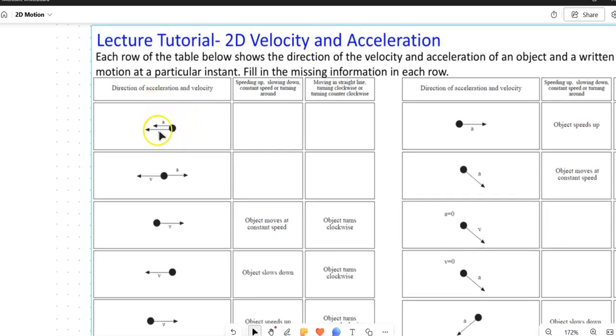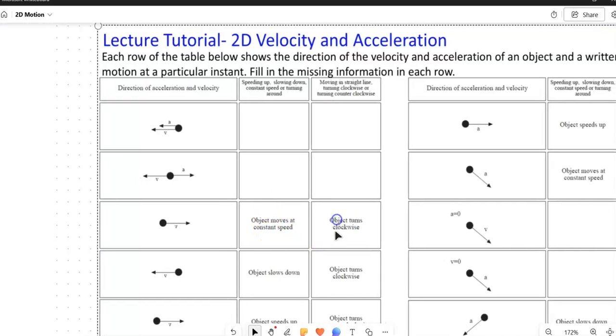So here we go. In these problems, you're either going to be given something, like the object is moving at constant speed, and it's turning right or turning left. Then you're supposed to draw the velocity vectors and acceleration vectors.